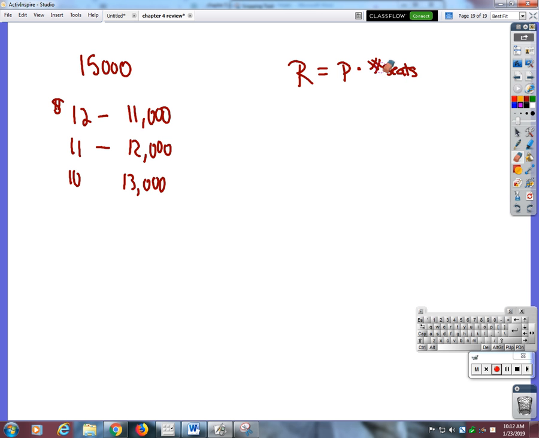Does that make sense? Okay, so let's call the price of the seats x, okay? And then the number of tickets that we're going to sell is going to come from this information right here. What's the equation that you could write for that stuff?